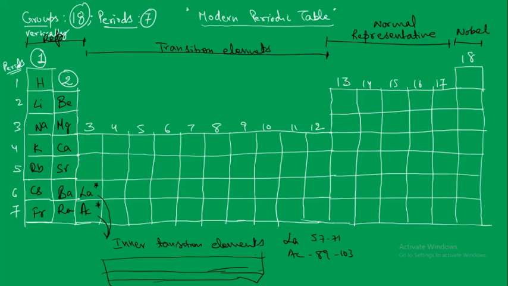Coming to group 13, for the representative elements 13 to 17, groups 1 and 2, as well as the noble gases, we need to remember the elements from top to bottom in each group. Group 13 is boron, aluminium, gallium, indium, thallium.